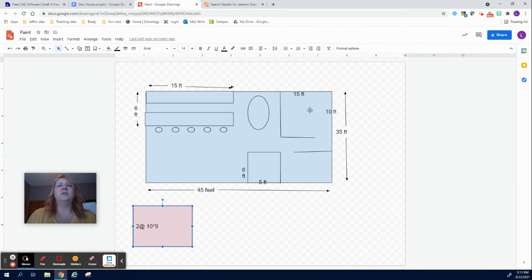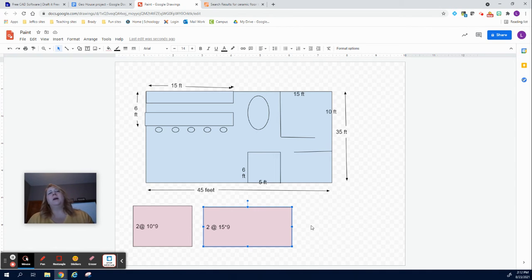If you picture yourself standing in the middle, looking at this far wall and this wall, it's going to be 10 feet long and 9 feet high. So I've got 2 walls that are 10 feet long and 9 feet high. Our ceiling height is always going to be 9 feet. The other 2 walls are going to be 15 long and 9 high.